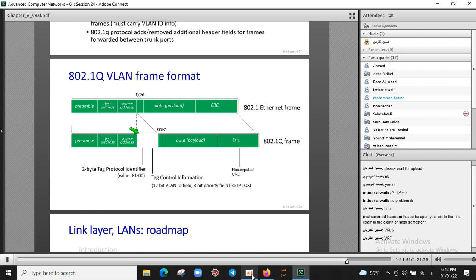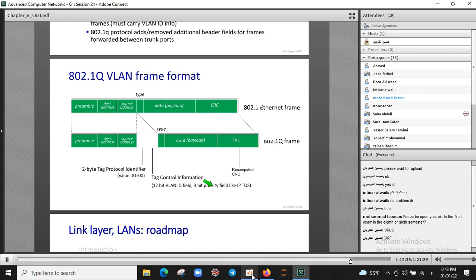Okay. So the difference between the standard frame of Ethernet and the frame of protocol 802.1Q is this 4-byte extension here. We are adding 4 bytes here: the 2-byte tag protocol identifier, 12 bits for the VLAN ID and 3 bits for priority. We are adding this information.